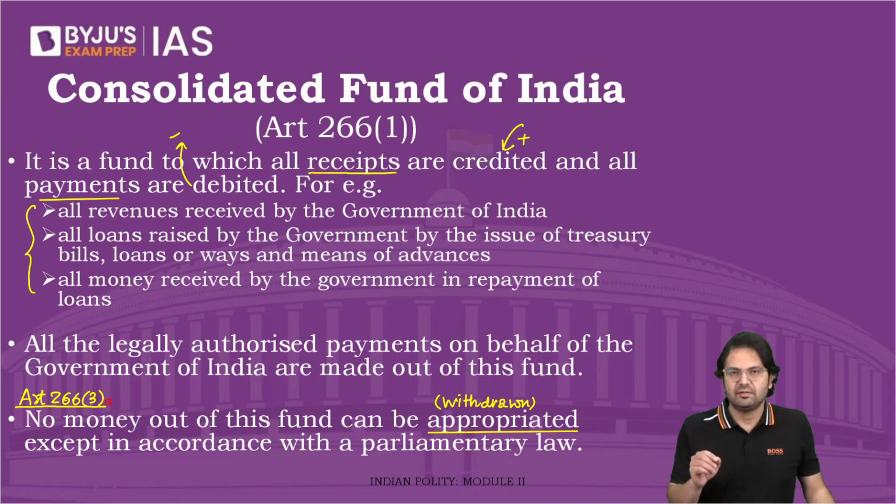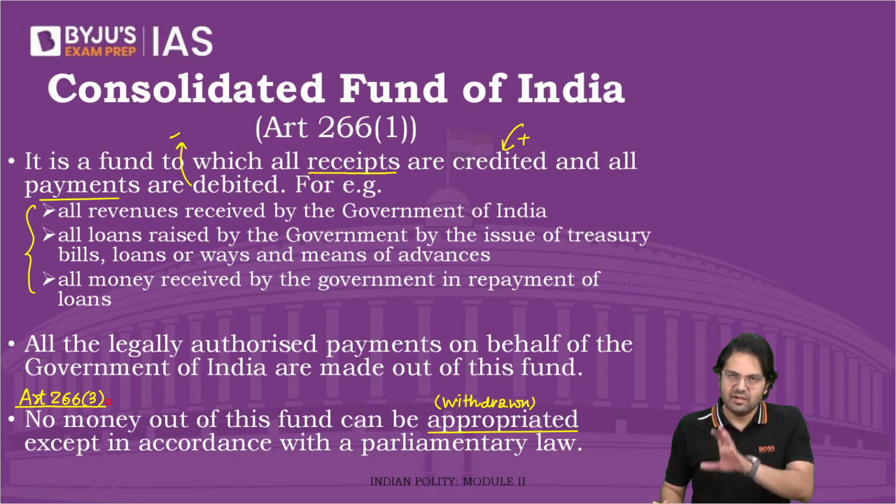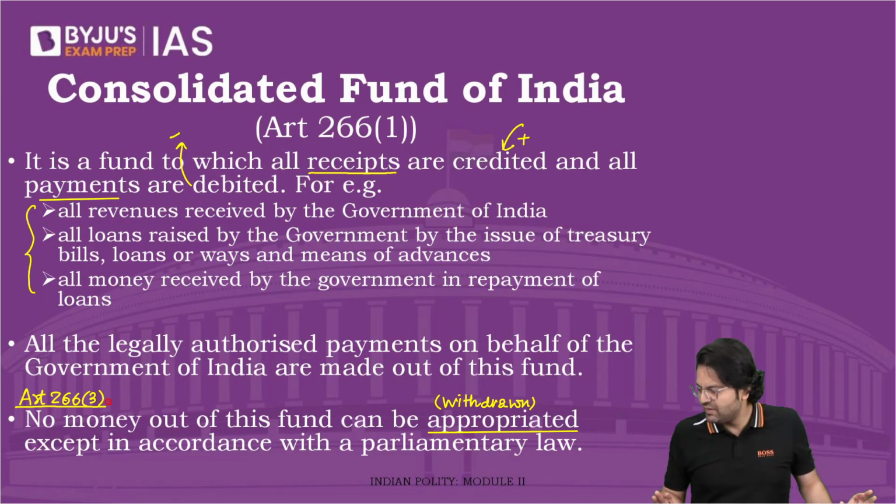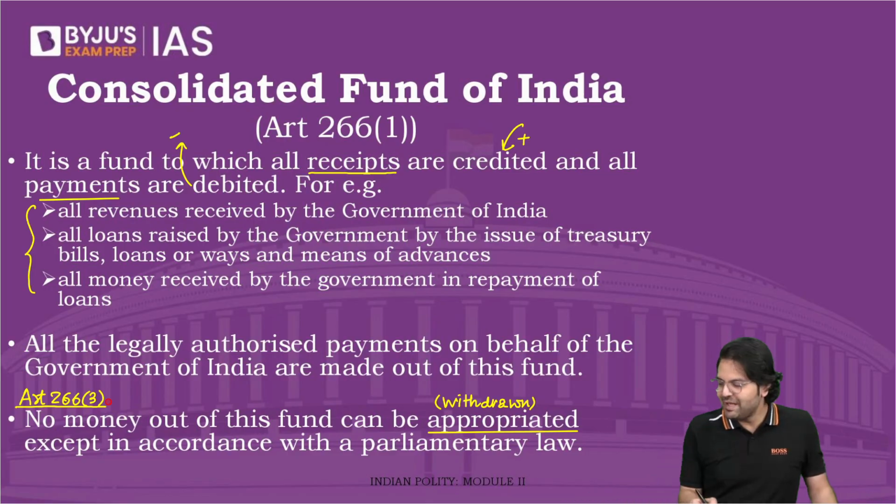Clear? So please don't do all that. You can try it later on, you'll get to know. So we open that account for the government and keep the money there. That's also a part of CFI. Everywhere where the center's money is kept is considered to be a part of CFI only. Are we clear? Everybody. Parliamentary law means a law made by Parliament.